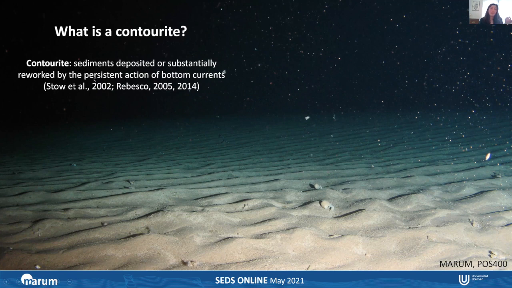Also, it doesn't matter the water depth, because before it mainly referred to deep water environments, but actually there are also contourites in lakes and in shallow environments. And then also the persistent action of bottom currents. So we have the term bottom currents that refers to all types of oceanographic processes that can affect the seafloor, not only these currents that are related to the global circulation.